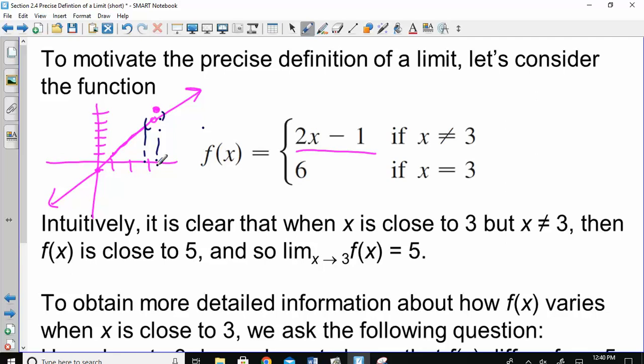So if I want you to be within a tenth, you could find an x that would match that. If I said, nope, a tenth isn't accurate enough, we need to be within a hundredth of 5, you could get me an x that would get me there. Or if I said, nope, we've got to be more accurate, I want to be within a thousandth, you could find the x that matches that. Does that seem reasonable? Okay.